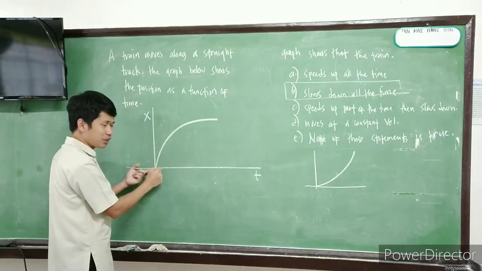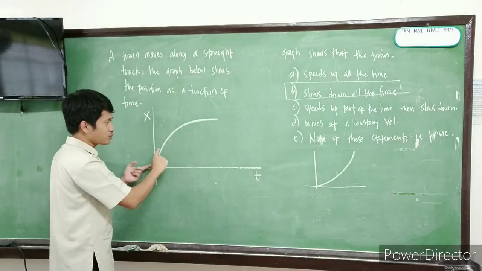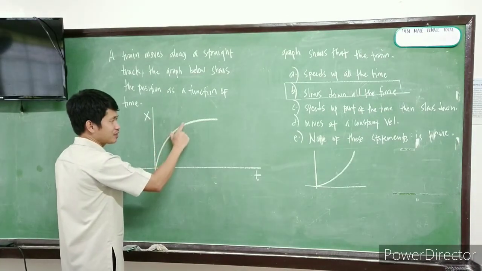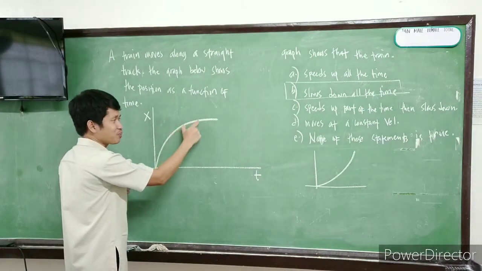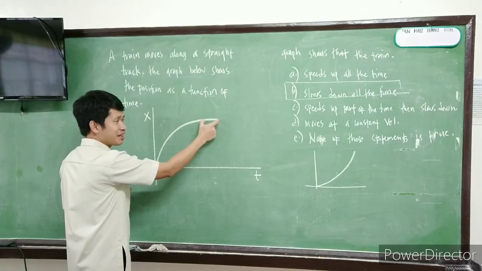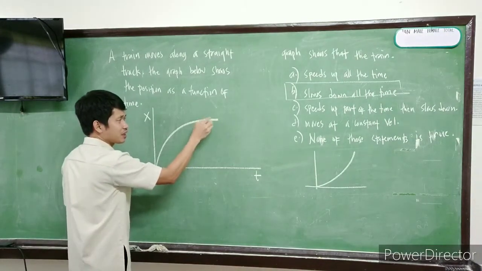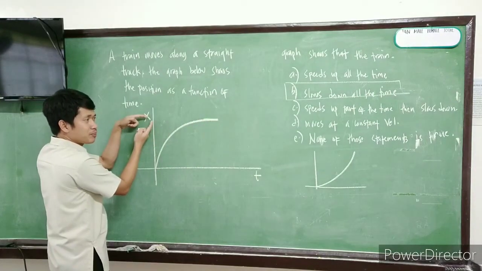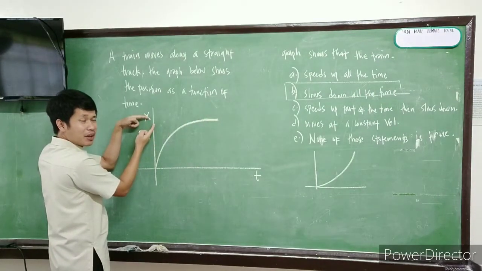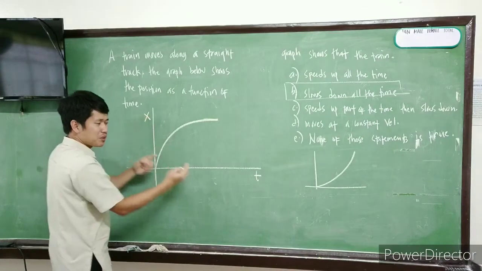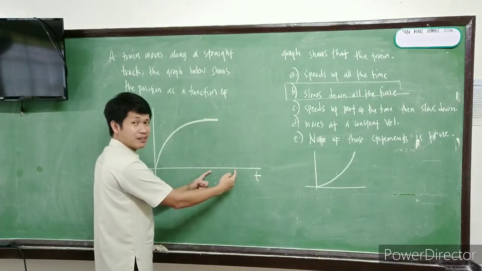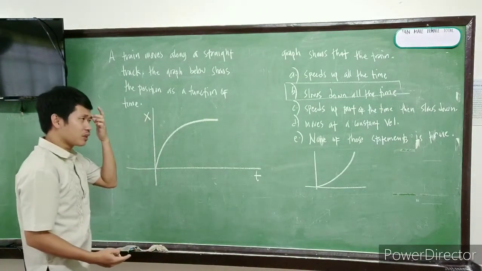In a very small interval of time. And as time goes by, what happened? Yung position na nako-cover mo, lumiliit. Compare dito. Halos at rest ka na at this point kasi hindi ka na mag-accumulate ng position. Okay ba yun? Pero yung time mo, dire-diretso pa rin siya. Okay? So, the correct answer is this.